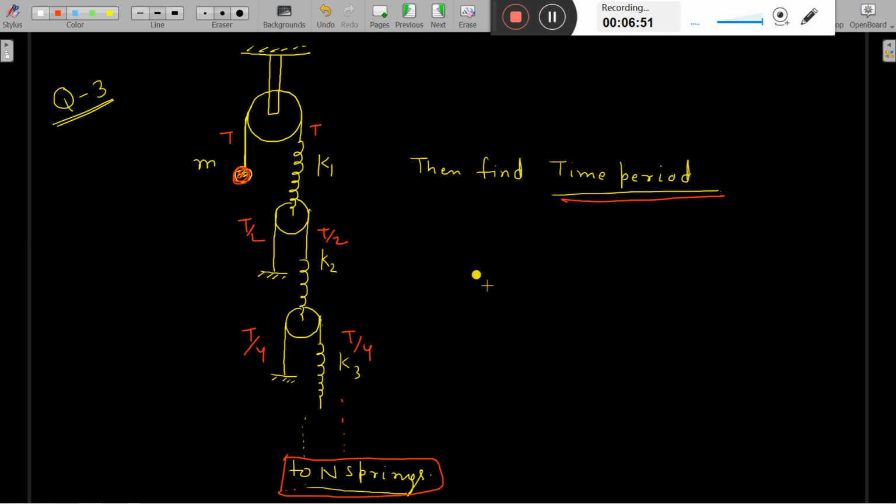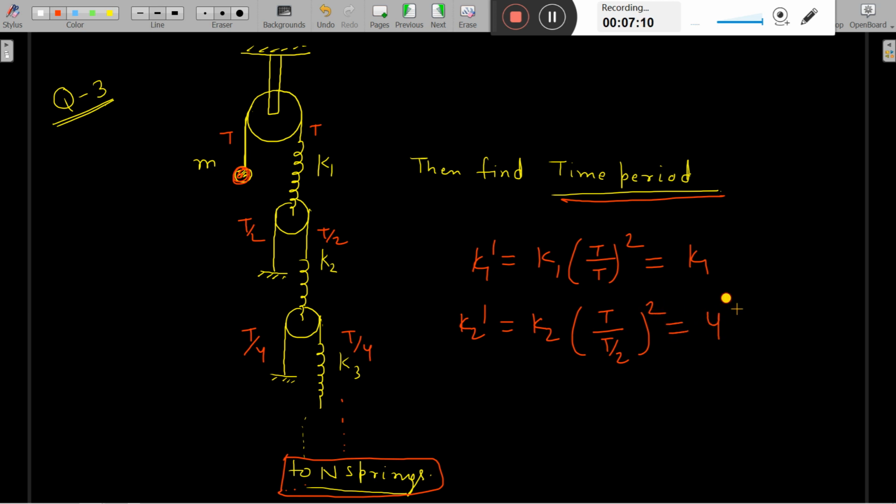We can calculate. Here k1 dash comes out to be k times (tension in mass over tension in spring) whole squared. So k1 dash is k1. What is k2 dash? k2 dash is k2, tension in mass is T, tension in the spring comes out to be T by 2, whole squared. That is 4k2. What is k3 dash? k3 dash is k3 times (tension in mass over tension in spring) whole squared.